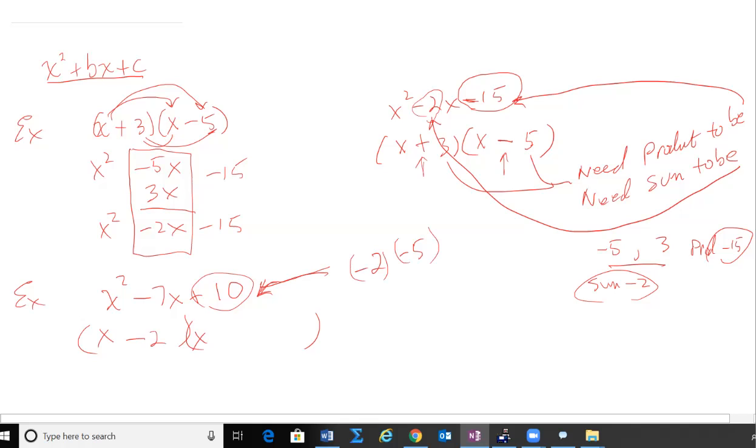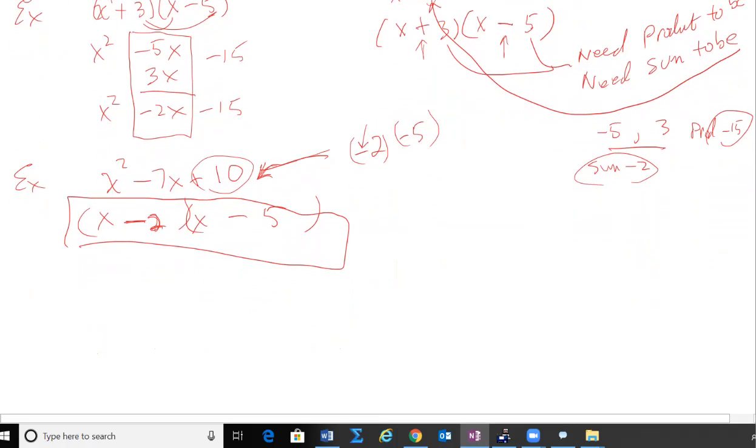I put a -2, I put a -5 like that. So notice I'm using this negative as if it were a minus in my binomial factor. I use a minus interchangeably with a negative, which is fine. I don't lose anything for that. So that's my answer right there. Just like that. All right, let's take another one of these, and then that should be enough for these. Let's try one more.